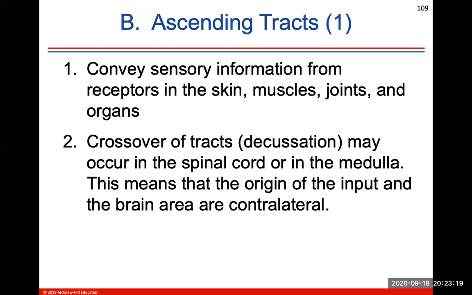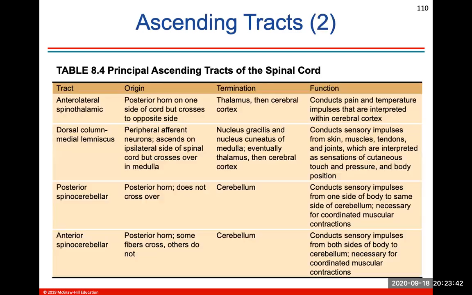If you don't know what the medulla of the brain is, go back and review your anatomy in the previous slides. This means that the origin of the input and the brain side are contralateral. So if you receive a stimulus from the right side of your body, it will go up to your brain, but it will cross over and go to the left side of your brain. That crossing over of tracts is called decussation.